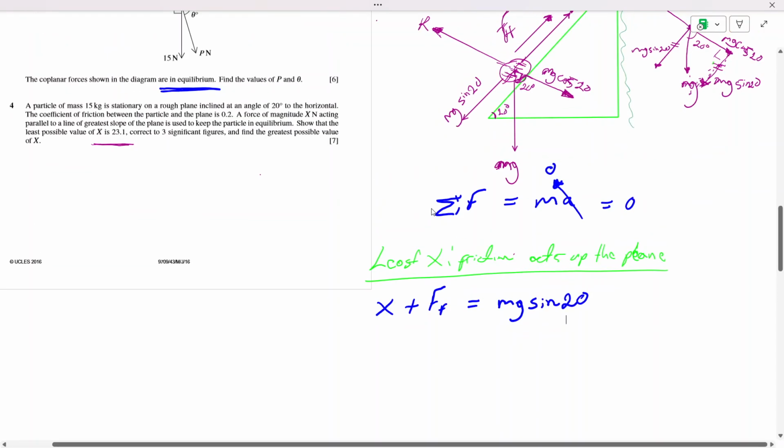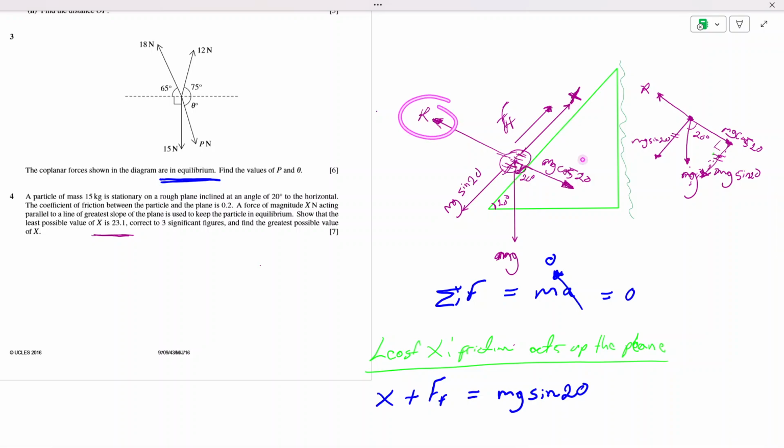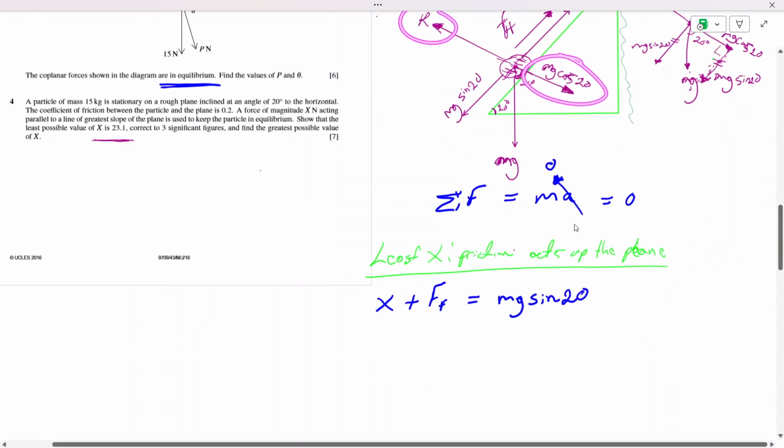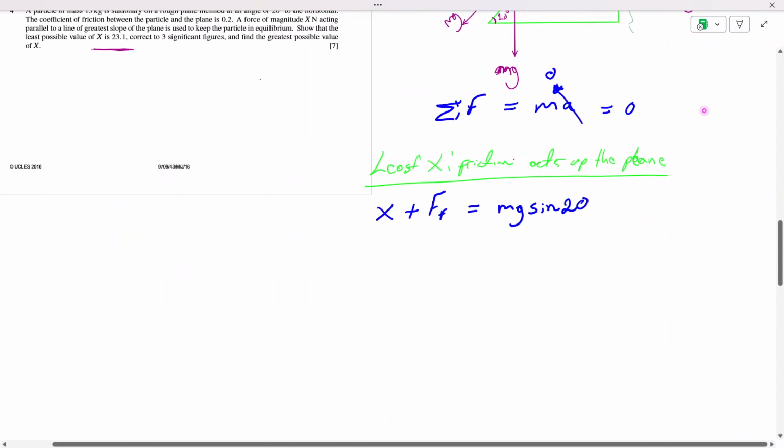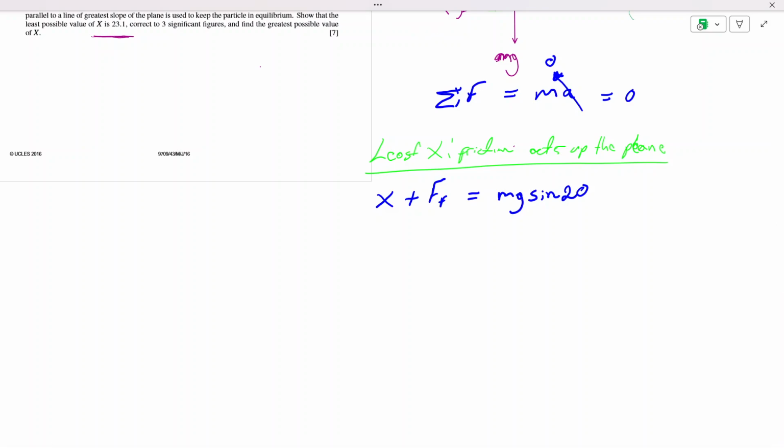You might wonder why I also resolved the reaction, mg cos 20. It's because it's going to help us to find the frictional force. Recall that frictional force is equal to mu R, right?